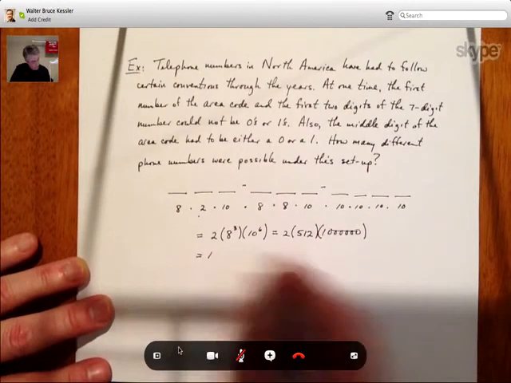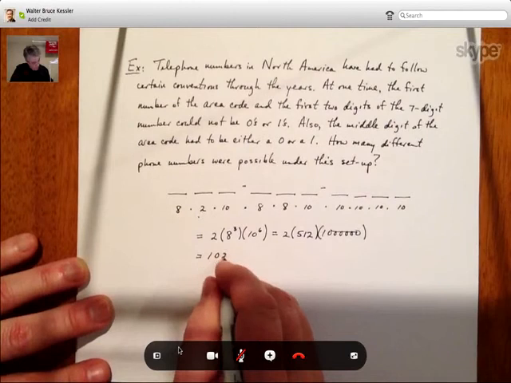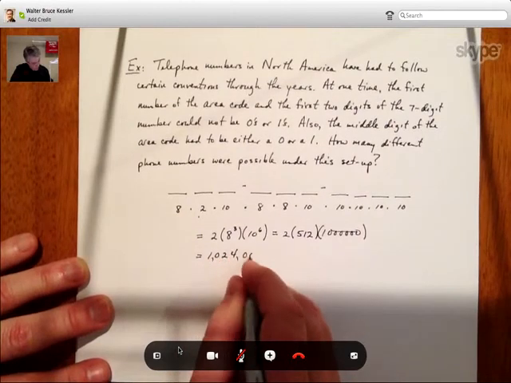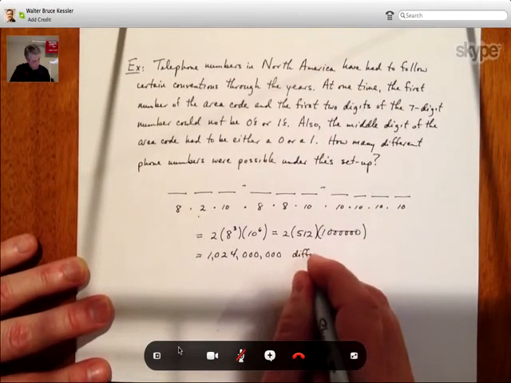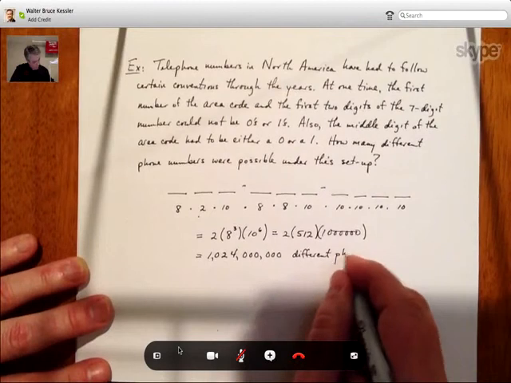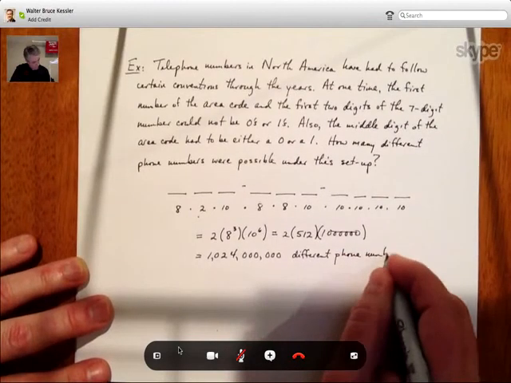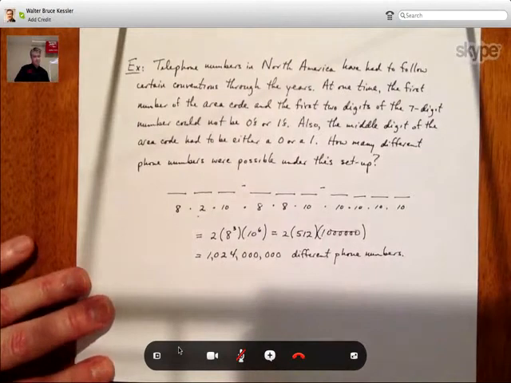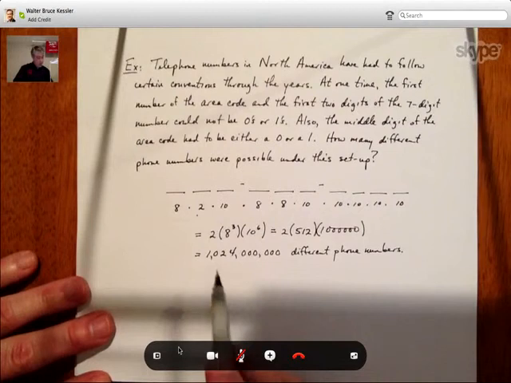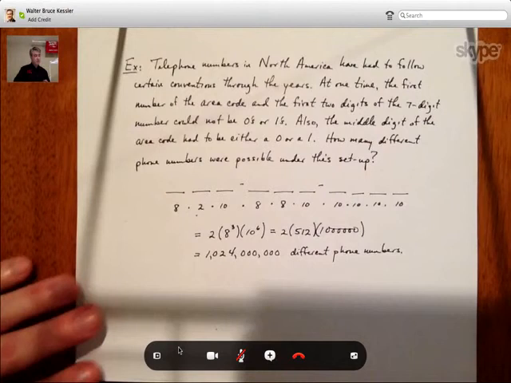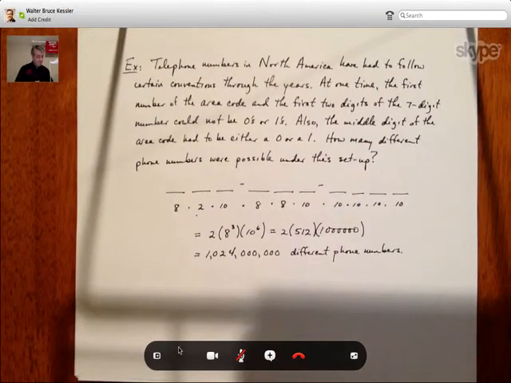So this would be 1024 with 6 zeros behind it. That's a pretty big number. It's 1,024,000,000 different phone numbers. That gives you an idea how many numbers are in use today, right?